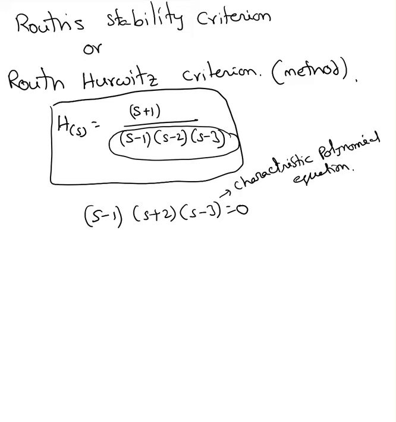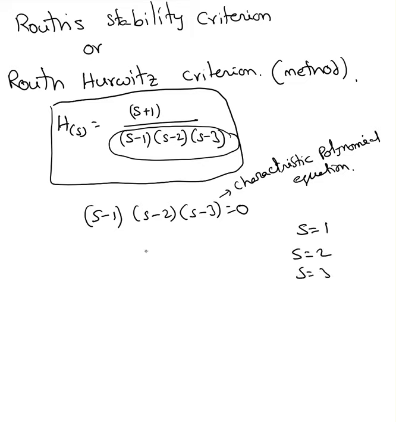So here, this characteristic polynomial equation represents the poles of a system. Okay, so this characteristic polynomial equation, it's a third order characteristic polynomial equation. So it has three poles. Those three poles are s equal to 1, s equal to 2, s equal to 3.